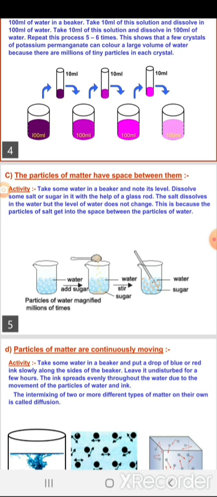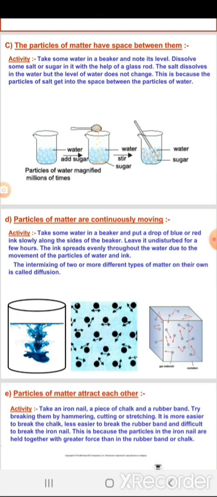Now, the third property that we discussed is that the particles of matter have space between them. So again, for this activity, we take a beaker, add water and note its level. Dissolve some salt or sugar crystals in it with the help of a glass rod or a spoon.